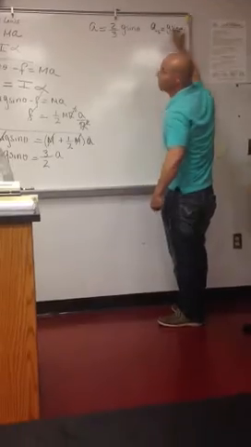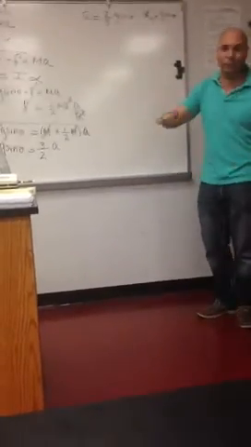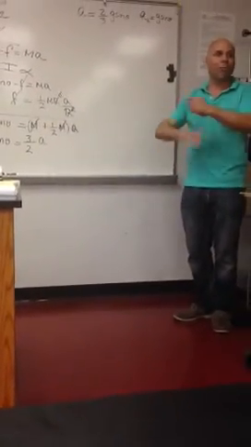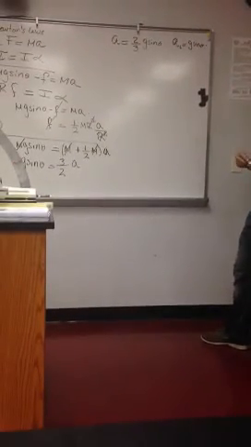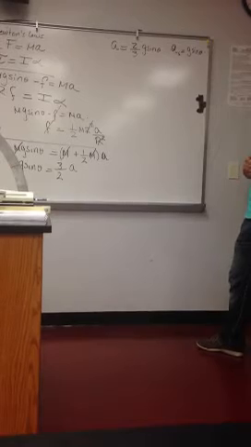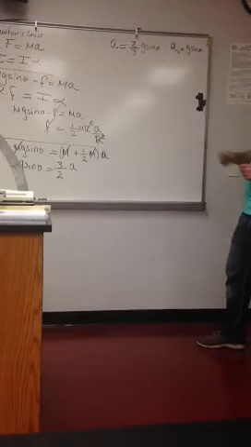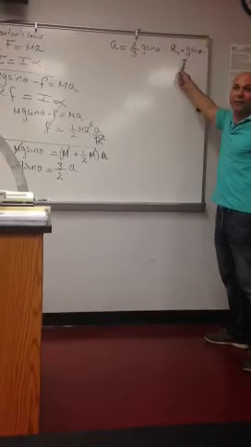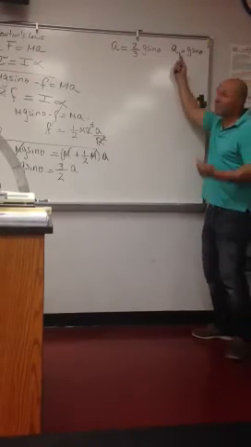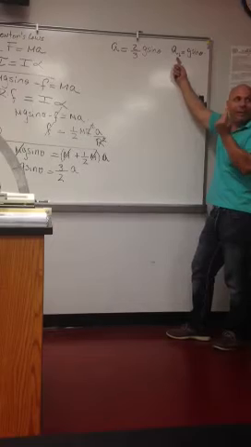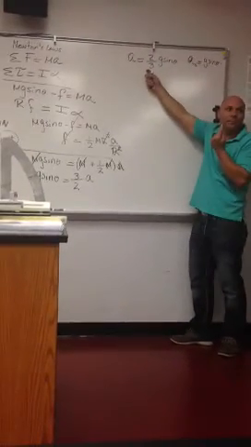Which one is greater? An object sliding without friction on ice, or an object rotating? What is greater, 1 or 2/3? 1. So if the object doesn't have friction and doesn't have rotation, it is 1/3 greater than this one.